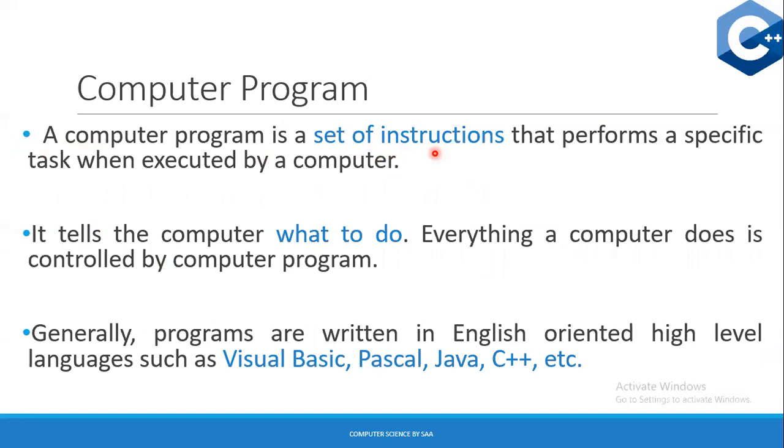Basically, a program performs a specific task, and that specific task tells the computer how to do something. Everything a computer does is controlled by a computer program.